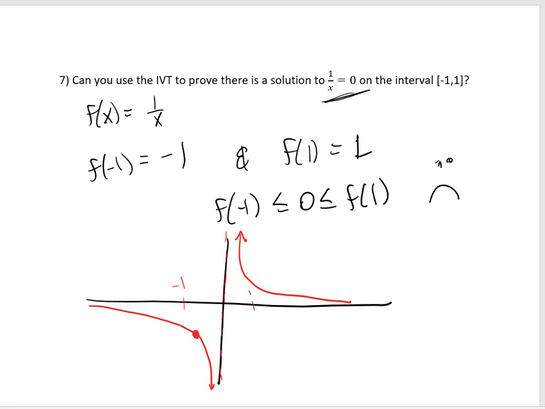You can't get from this point to this point in a continuous line. You have to go down to negative infinity and then jump back up to positive infinity. So the reason we can't use the intermediate value theorem is that 1 over x is not continuous on the interval between negative 1 and 1.